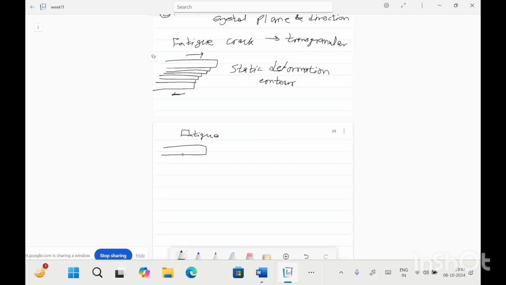If the structure forms like this, this is called an intrusion, or notch, leading to a crack.